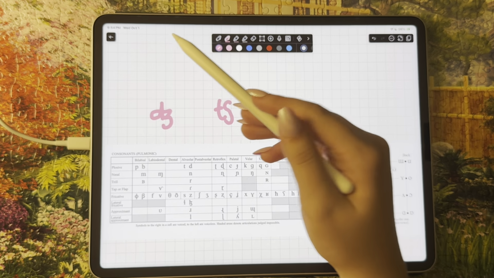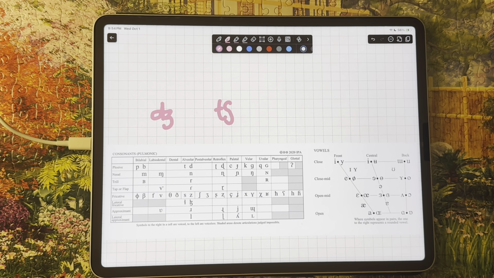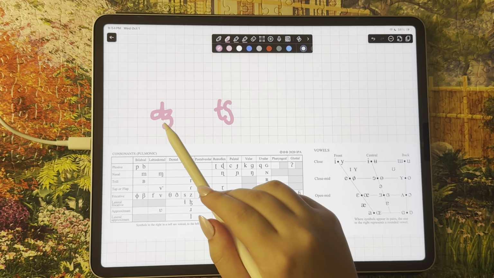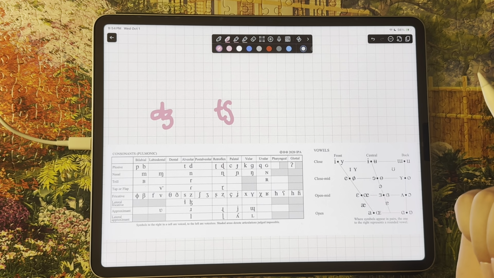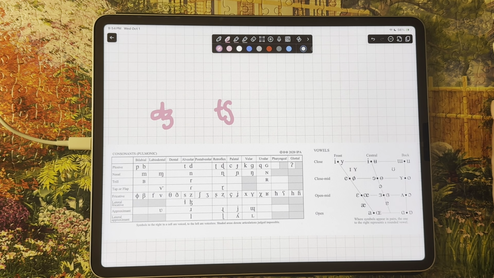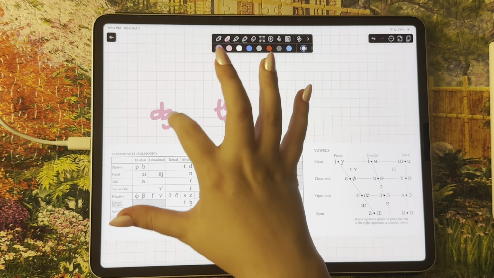I use them a lot. And this one is pronounced j, like in judge. Judge has two of them. And journey, and pretty much a lot of things that have a G in it that's not pronounced G.